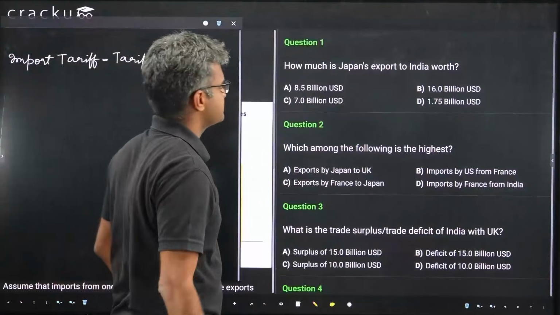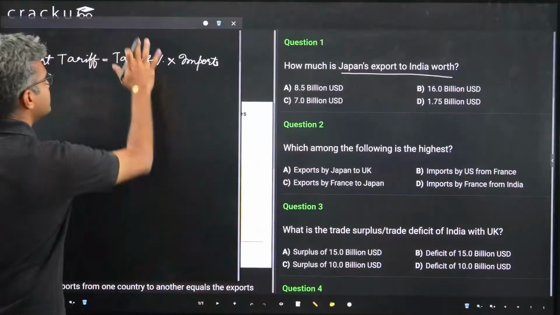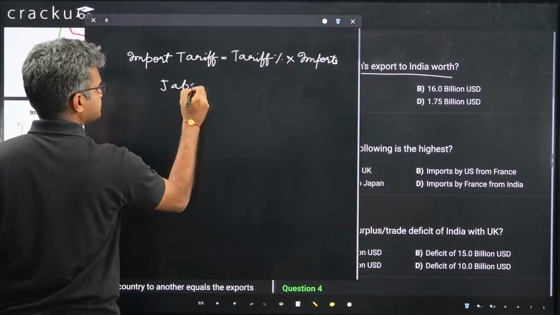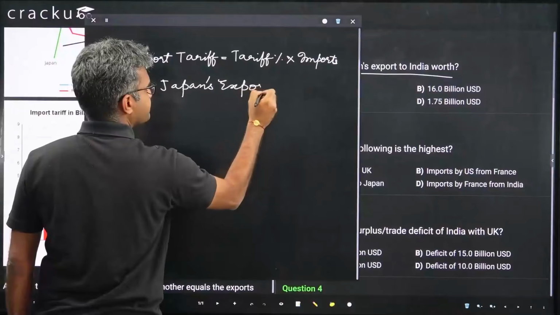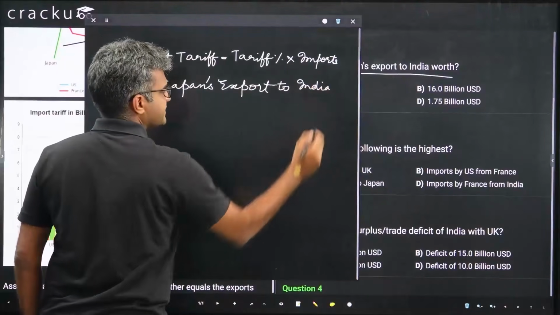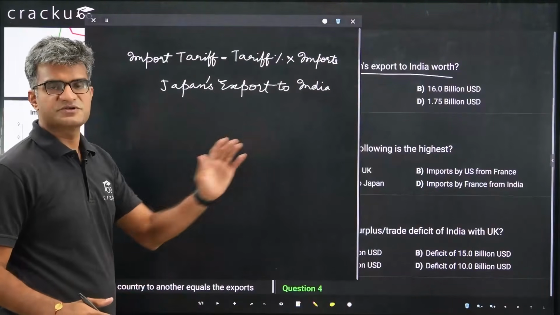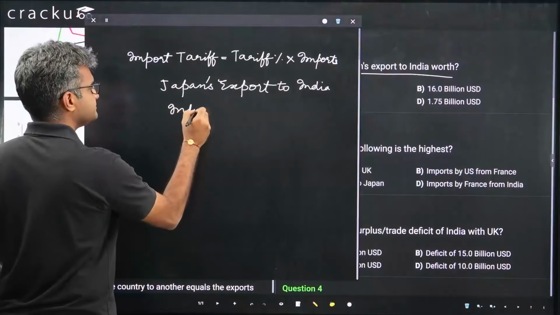If you're looking at the first question, how much is Japan's exports to India worth? So we are looking for Japan's exports to India. But all the information that is given is basically about imports. So instead of calculating Japan's exports to India, what we will calculate is India's imports from Japan.